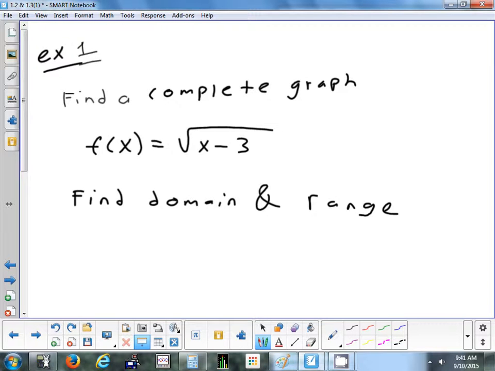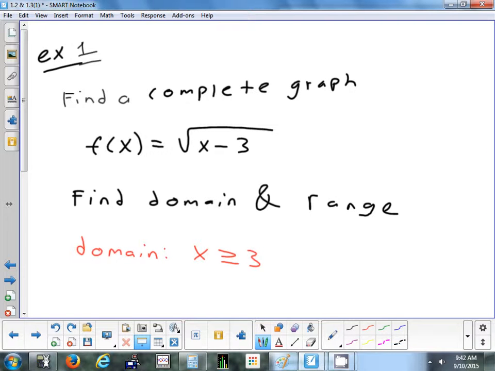Can't have negatives. So what does that mean you would be allowed to pick for x? Any number from this number, and then, 3 and up. Perfect. So that's your domain. You can pick any number greater than or equal to 3.